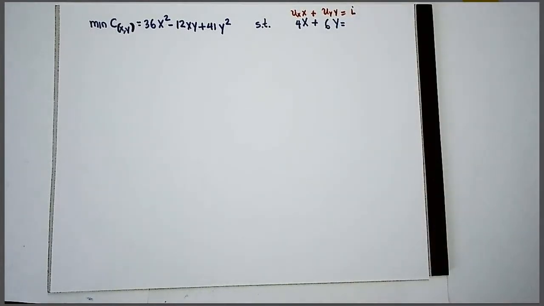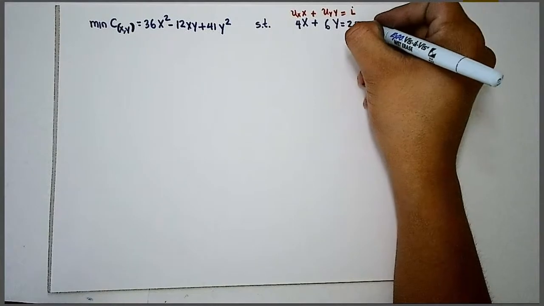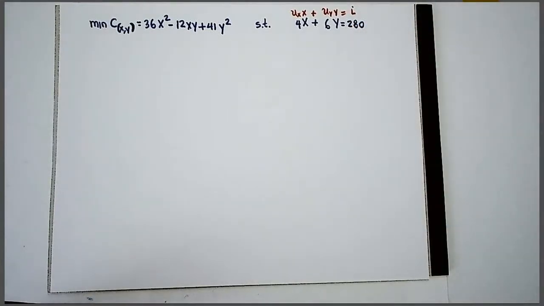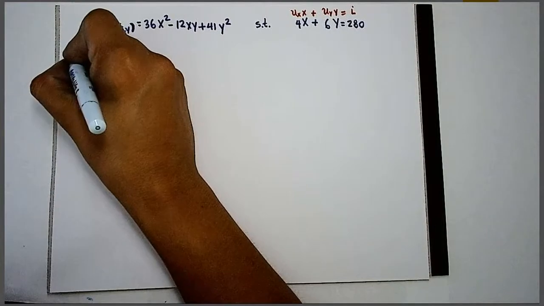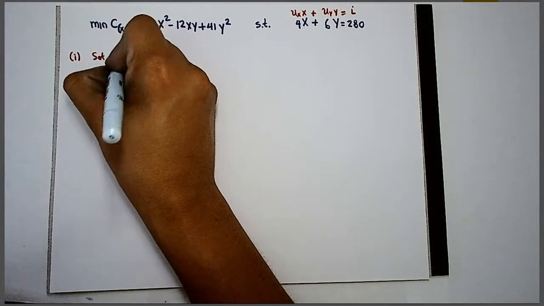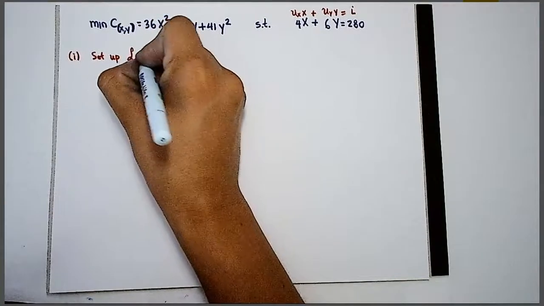And we have 35 employees that work 8 hours every day. So that is equal to 280 hours available. Now that we have our Lagrange problem, let's set up the Lagrange function.